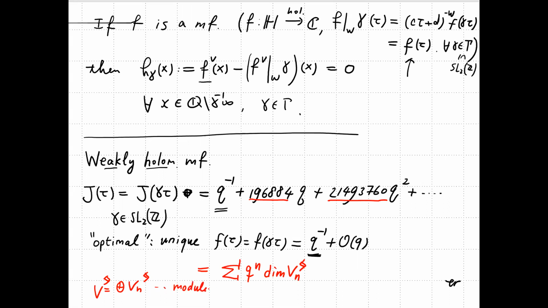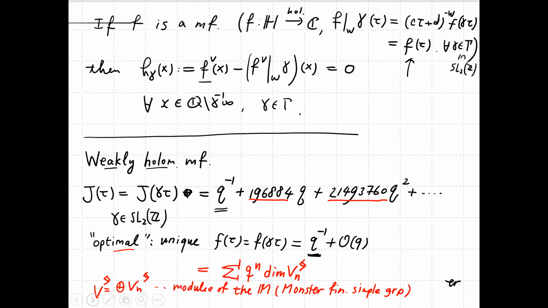These are all modules of the monster finite simple group, which is the largest of all the sporadics. Okay, so that's very nice. So we have an optimal function in its limiting behavior, and it encodes a very nice representation for a very nice and interesting finite simple group.